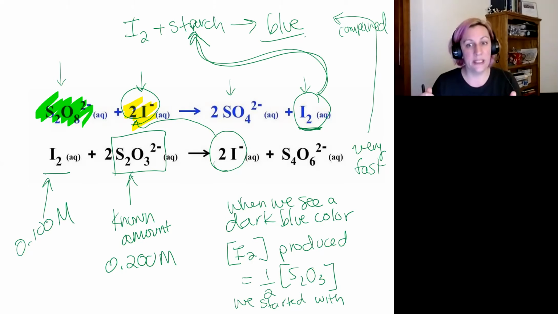And so we'll be doing the style of problem solving that we saw in the lectures to determine the order with respect to iodide and the order with respect to S2O8 2 minus, the anion, to build a rate law. And then we can take that rate information and that order information and calculate rate constants from that as well. And that's how we're going to build a rate law for the iodine clock reaction.